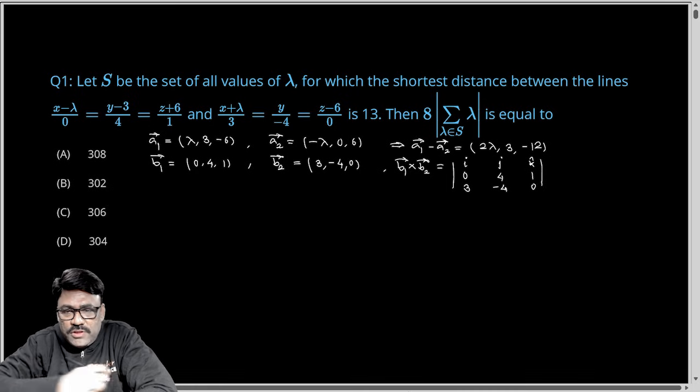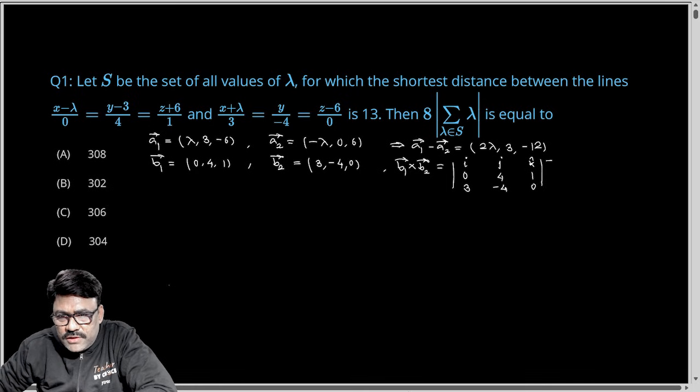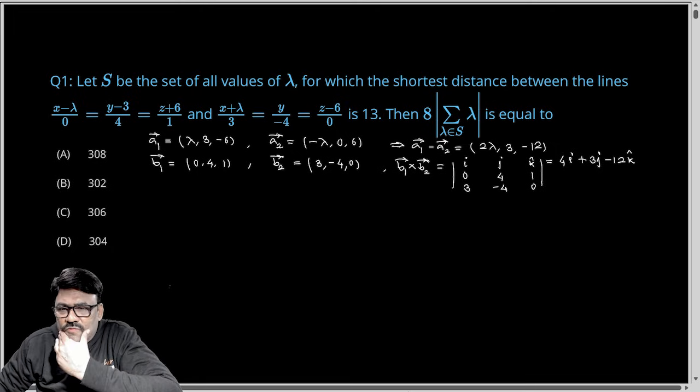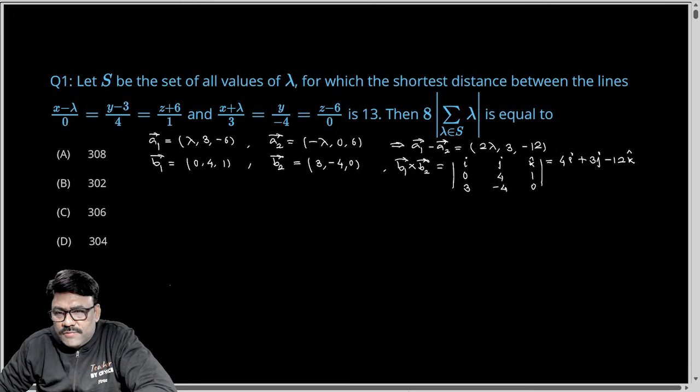Let's expand it. With i, I get 0 plus 4, so 4i. With j, I get 0 minus 3, so plus 3j. And with k, I get 0 minus 12, so minus 12k. So it is 4i plus 3j minus 12k.